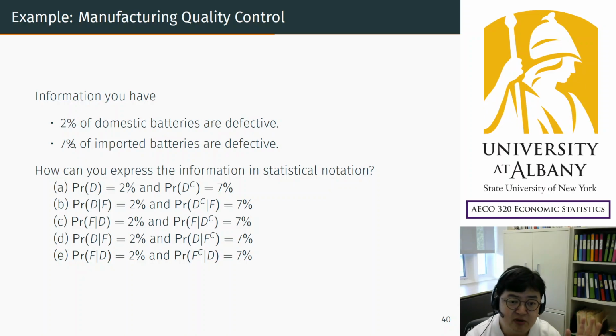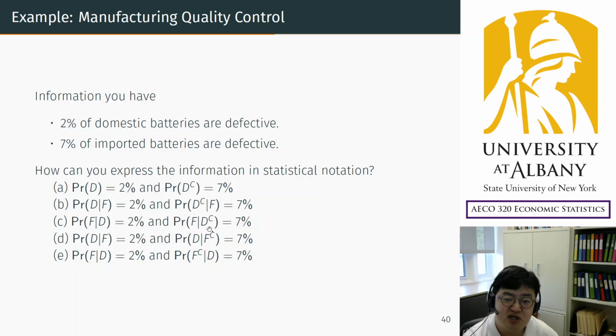Okay? Similarly, the second sentence can be understood this way. Everything is the same, but the condition is different. Because now you know that the pool you are choosing from consists of only imported batteries. So only imported batteries are in front of you, and then you choose one from them.